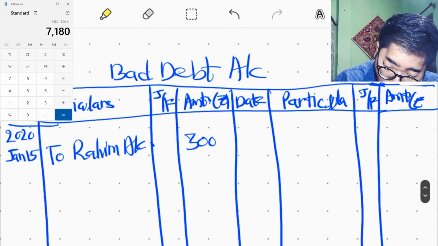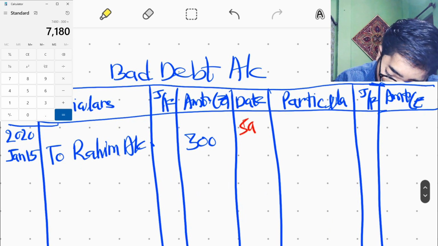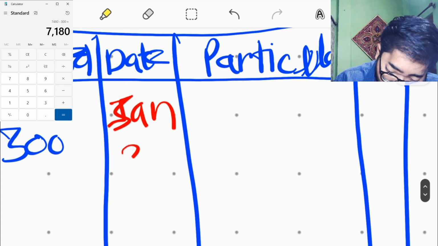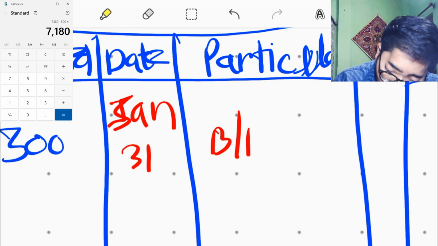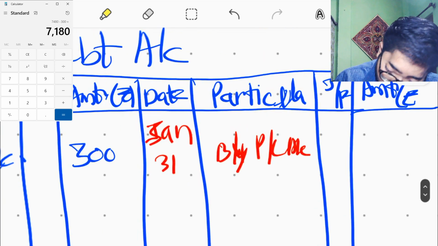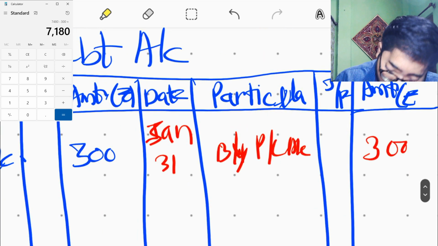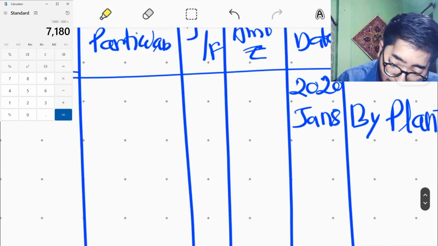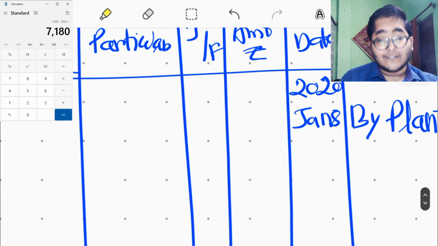Bad debt is also a nominal account. It would be transferred to the profit and loss account. Next, Mukesh account. Mukesh account is a personal account.